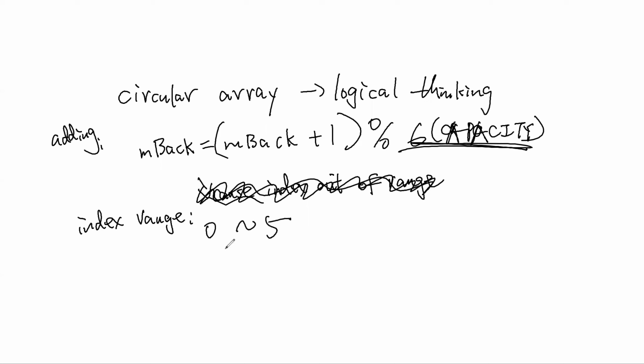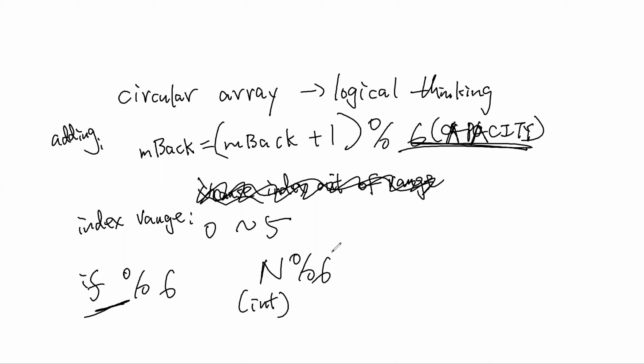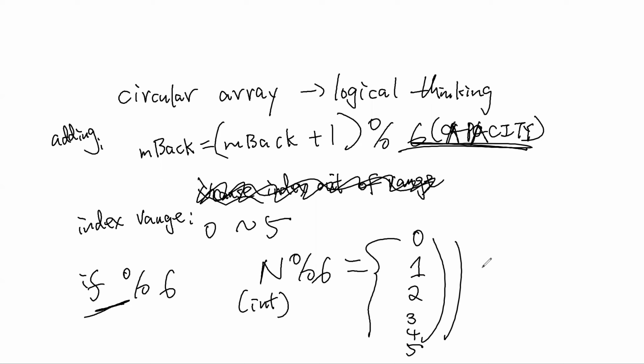But if we apply module 6, any integer module 6, what will you get? You will get 0, 1, 2, 3, 4, 5. You will only have these 6 possibilities when you module 6.